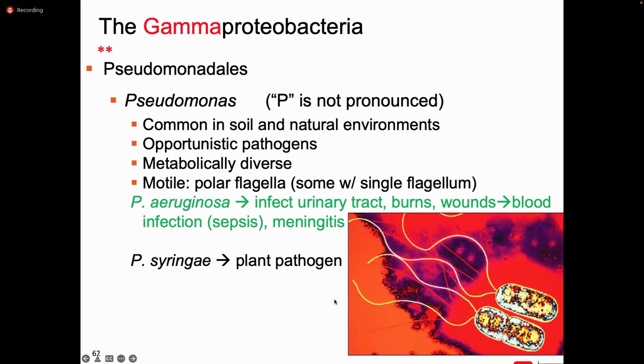Okay, now let's talk about this Pseudomonas. Pseudo means false, single-celled. It has a flagellum for motility, and also has the ability to use a lot of metabolites. So it is very often present in contaminants.